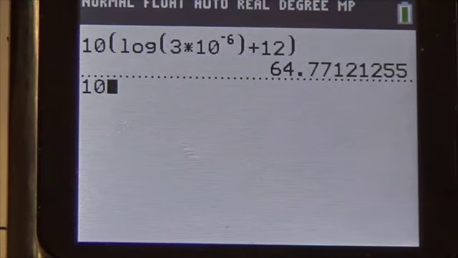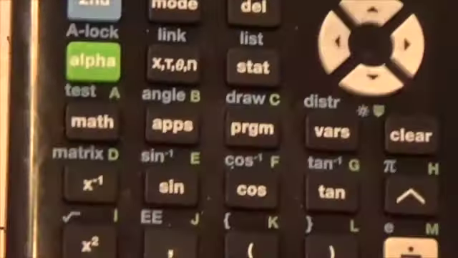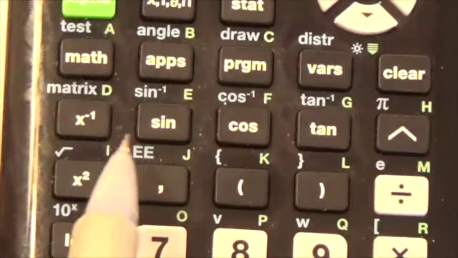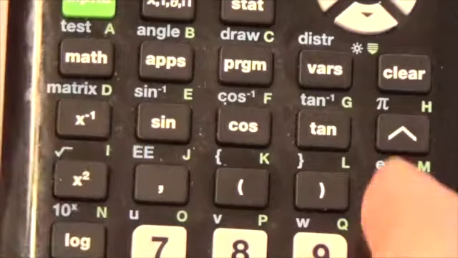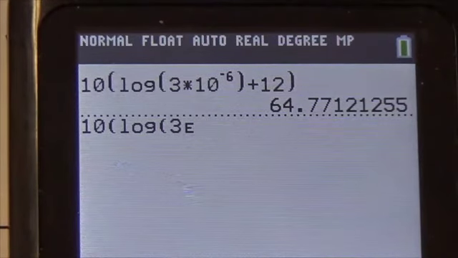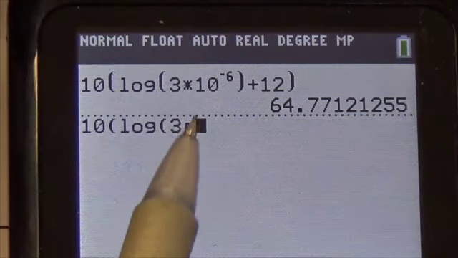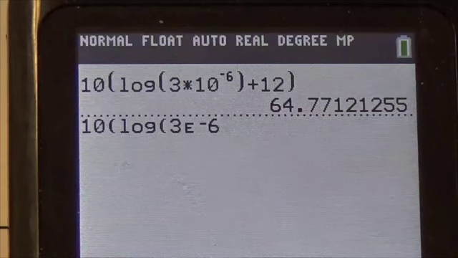I could have multiplied 10 by the log of, and I'll enter 3, and then I'm going to use this EE key right here. I'll press second, comma, and that puts a little E right there. This is engineering notation, scientific notation. It refers to 10 to the power of, and I'll just put negative 6 right afterwards.